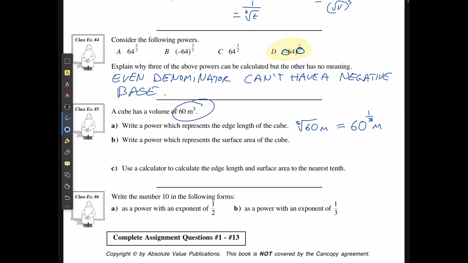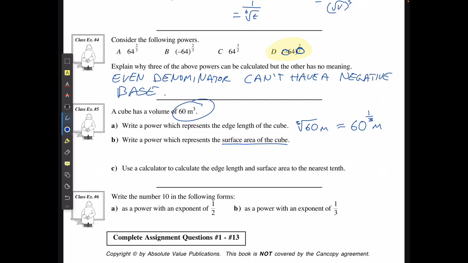If this is what the edge length is, then the surface area of the cube, remembering that if you think of like a die, which is a form of a cube, then it's going to be the area of one side, and then there's going to be 6 sides. So how would I state that?